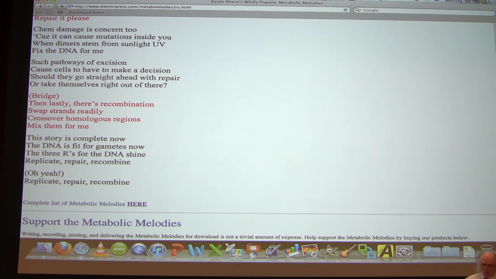Mix them for me. This story is complete now. The DNA is fit for gametes now. The 3 R's for the DNA shine. Replicate, repair, recombine. Oh yeah. Replicate, repair, recombine. Okay, we'll stop there for the exam.